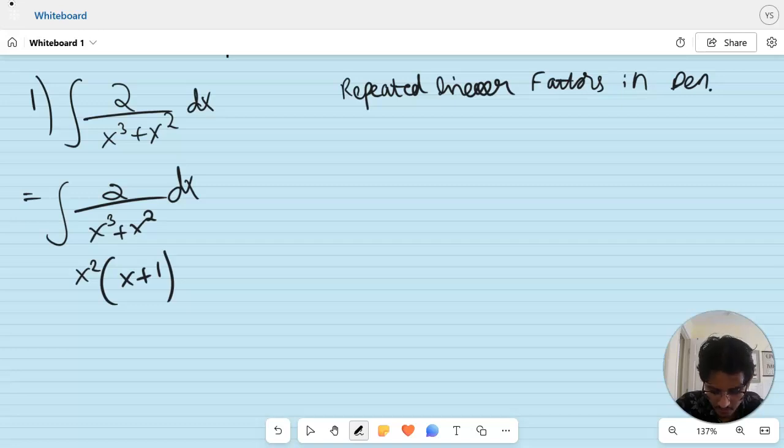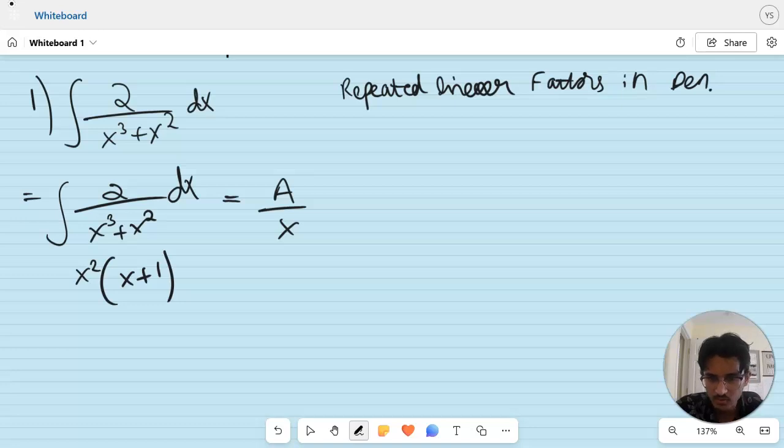Now the question that comes in is, are we going to do A over x or A over x squared? Which one of these are we going to do? We're going to do A over x. The rule is that there must be a partial fraction for each exponent of x.